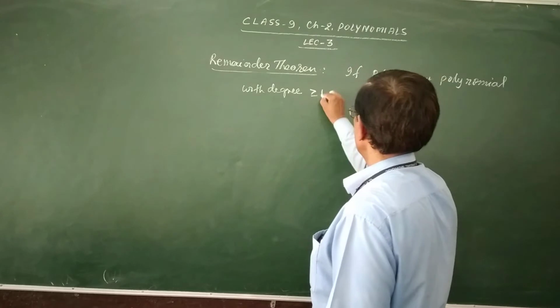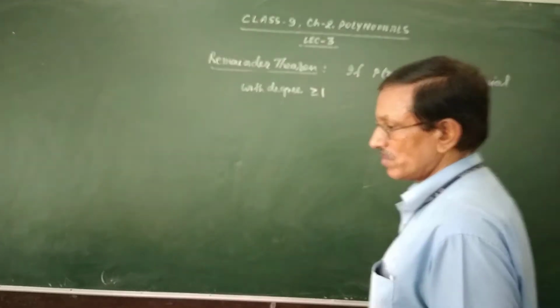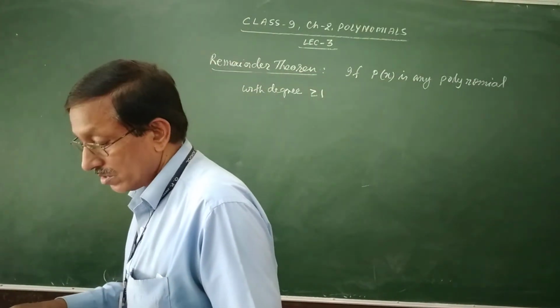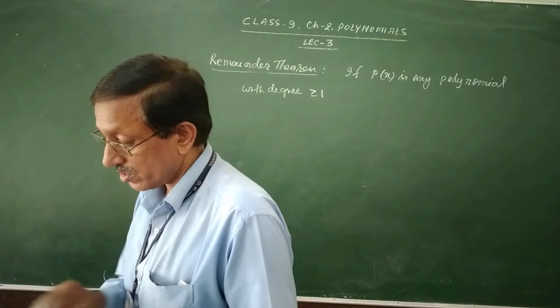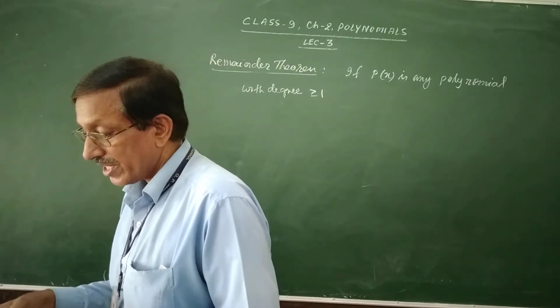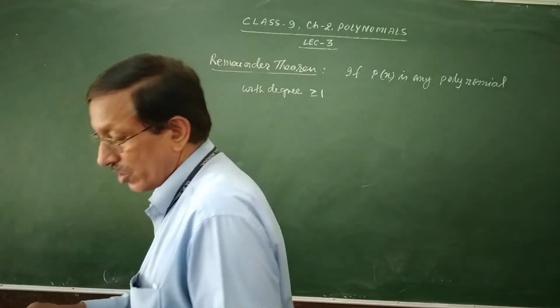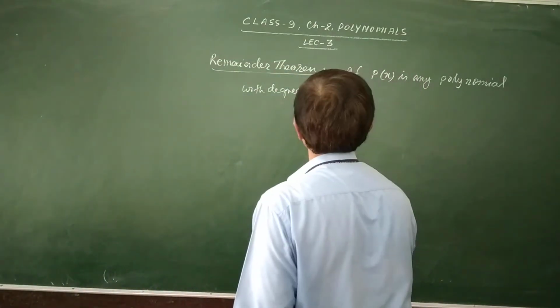It should be greater than or equal to 1. You can see this statement: p(x) is any polynomial of degree greater than or equal to 1.